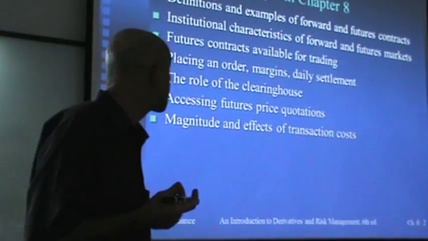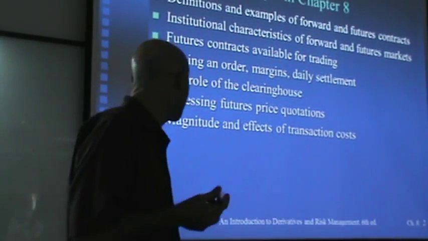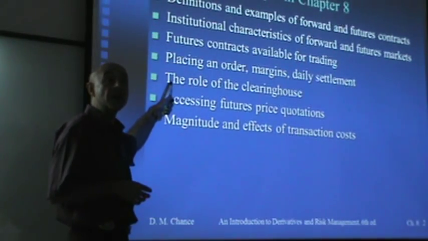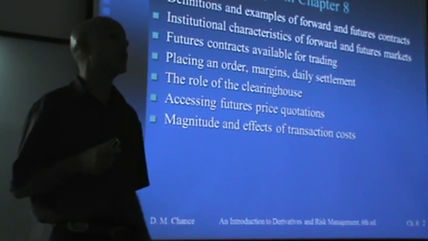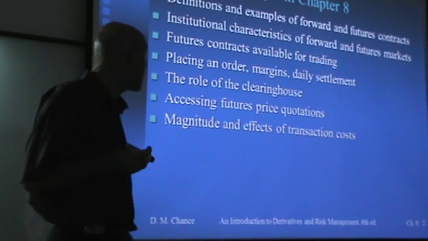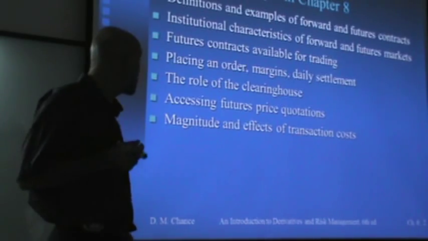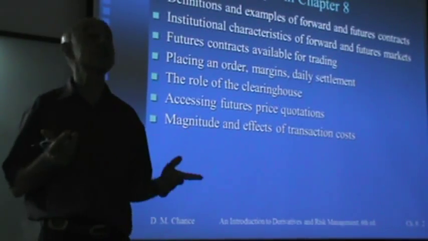If you got a futures, we'll talk a little bit about what is a margin call, okay? The role of the clearinghouse, and the clearinghouse has the same role as that for options, but works in a little bit different way, and accessing some futures prices and quotations, and magnitude and effects of transactions cost.